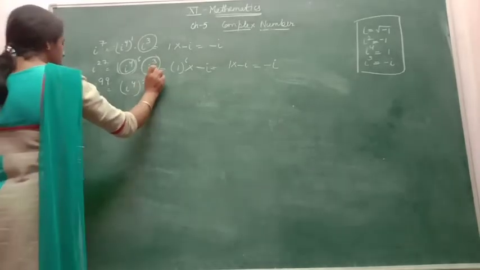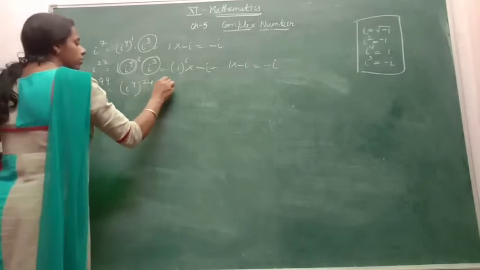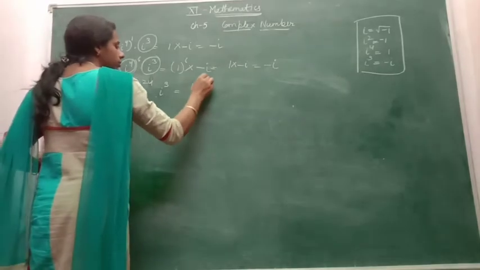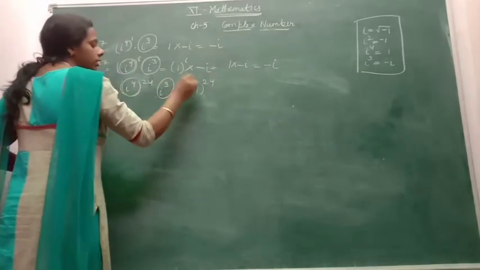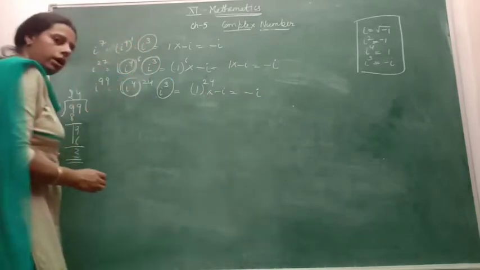You will write here 24, 24 fours are 96 and the 3 power will be left here. So put the value of iota power 4, that is 1 power 24, and the value of iota cube is minus iota. So its answer will be minus iota.